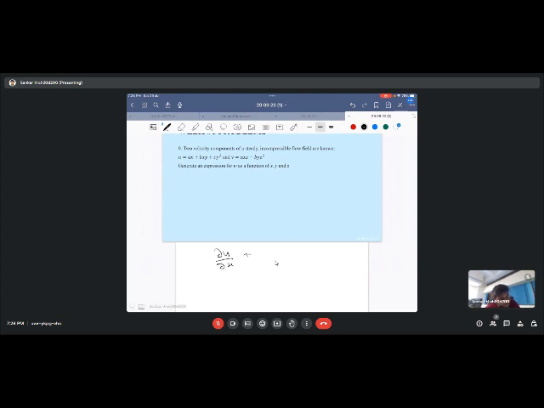So dou u by dou x plus dou v by dou y plus dou w by dou z should be equal to 0. And we can see that u is equal to ax plus bxy plus cy square. Therefore, dou u by dou x refers to partially differentiating the u function with respect to x.